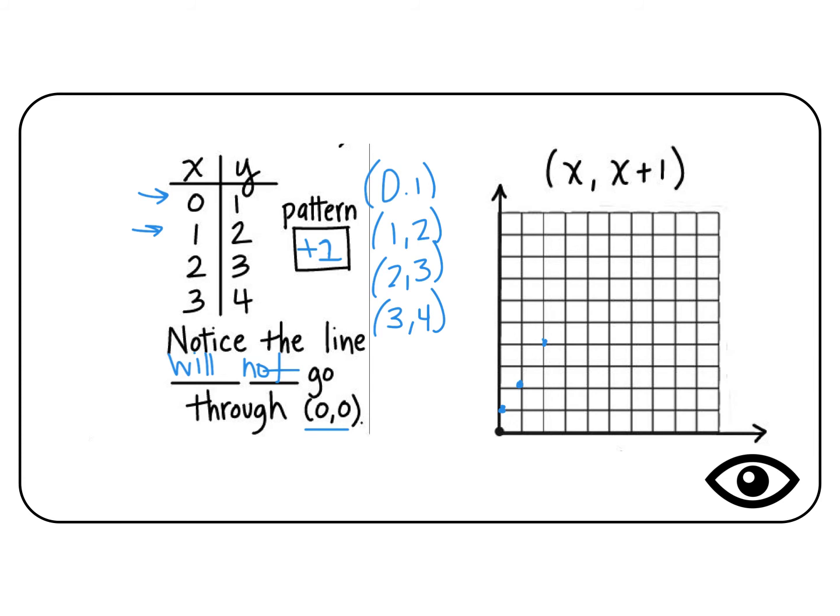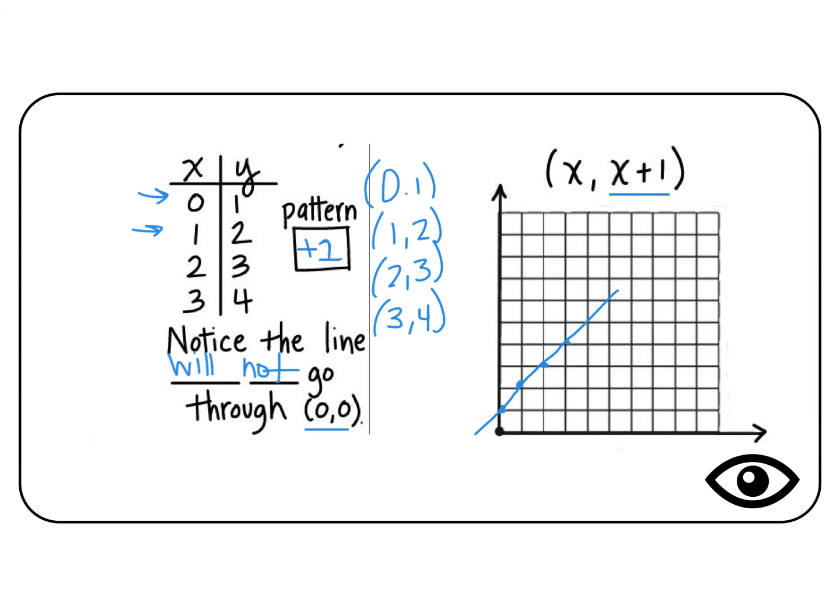Oh, sorry, that's at 4. Let me fix that. All right, then over 3 and up 4. So now we can graph our numerical sequence and see what the numerical expression x plus 1 looks like as a picture.